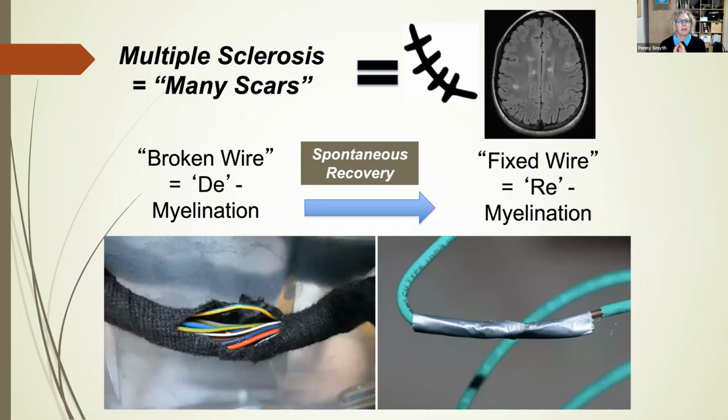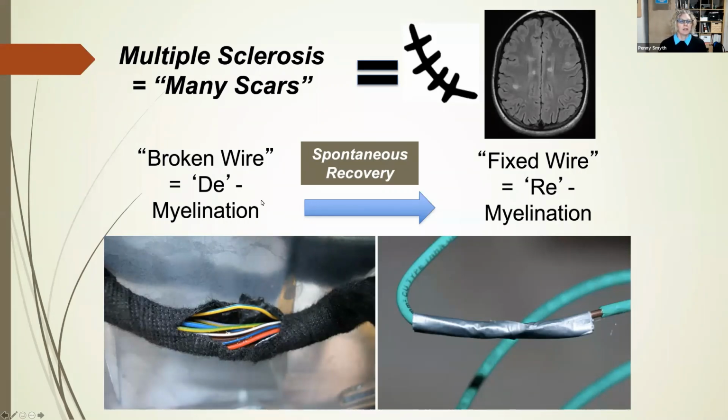So how I explain that to my patients, when I talk about this idea of multiple meaning many, is that you have to have multiple events, sclerosis meaning scars, inflammation that results in a scar. And we see those as the white spots that show up on the MRI.